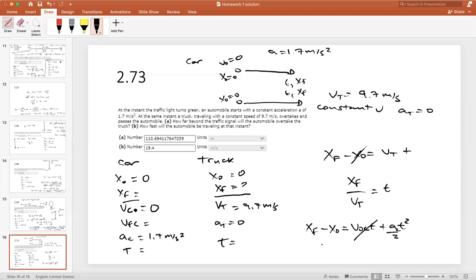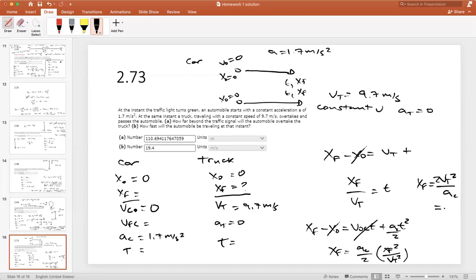This is 0. This is 0. So X final is equal to A of the car over 2 times T squared, but T is X final over V of the truck. If I multiply through by V of the truck squared and divide by X final, I see that X final is V of the truck squared times 2 over A of the car.